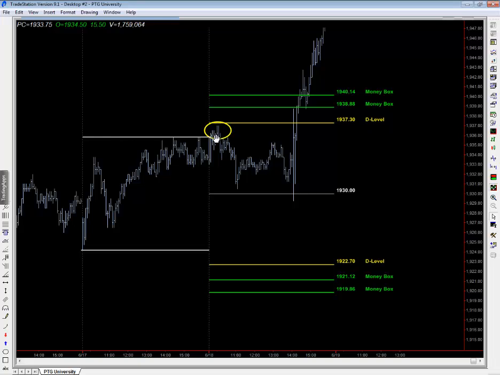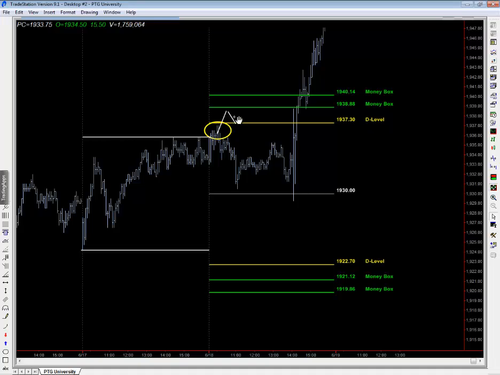We don't know for a fact whether it's going to be just a stop probe or something bigger in development. The initial assumption is it's usually going to be a stop probe, until they're able to prove that they can get beyond the D level and hold it. Again, think about the idea of penetrate, and then convert.